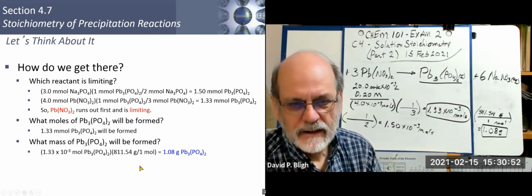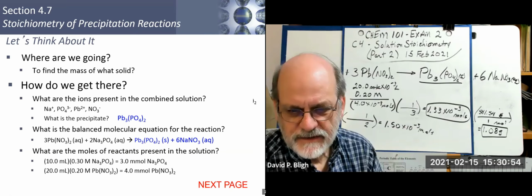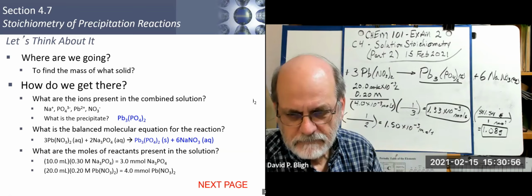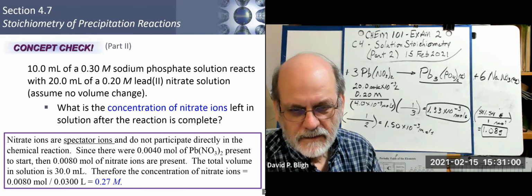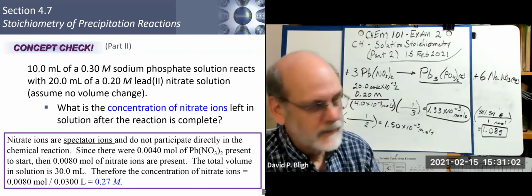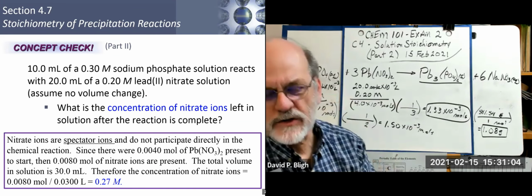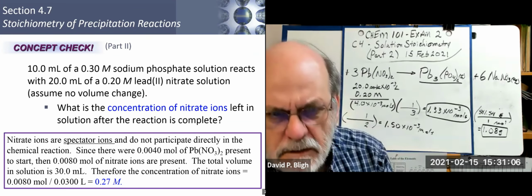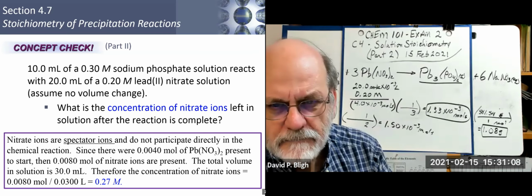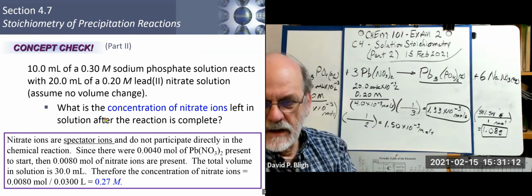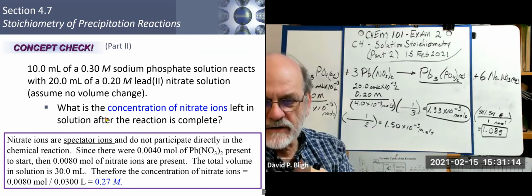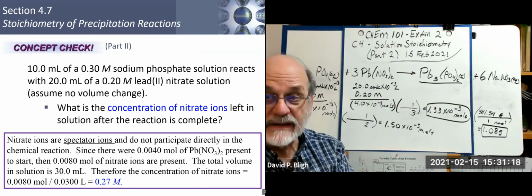Okay, so let's see, did I miss anything? No, we're good. Got the answer there. This question is asking, when you do this analysis, what's the concentration of nitrate ions left in solution after the reaction is complete?